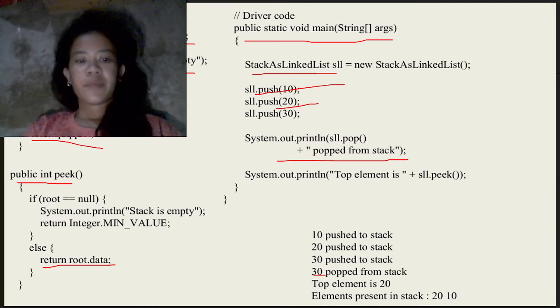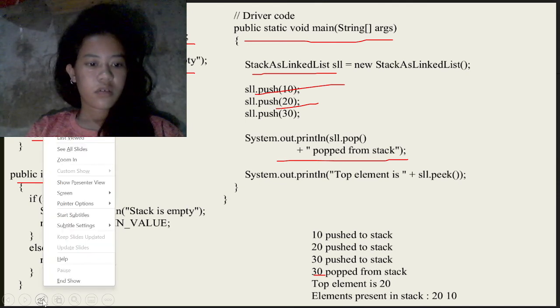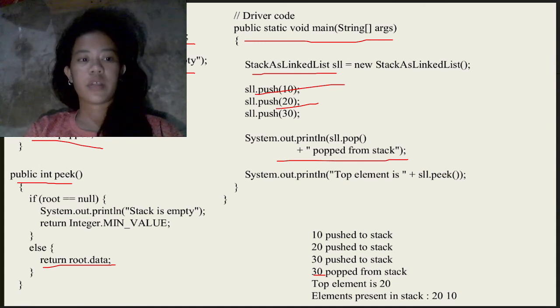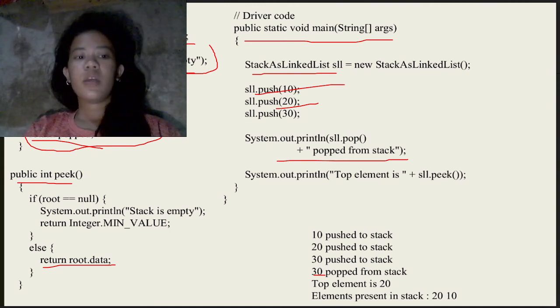Here we are not going to use this, since it is for an empty stack. So here we're going to use this one. Since the last root data is 30, it will be removed using this.